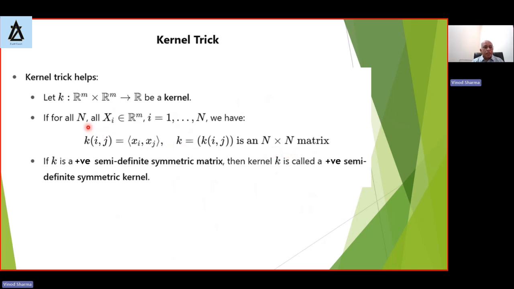If it so happens that this matrix is a positive semi-definite symmetric matrix for all such n and all such x1 to xn, then kernel K is called a positive semi-definite symmetric kernel.